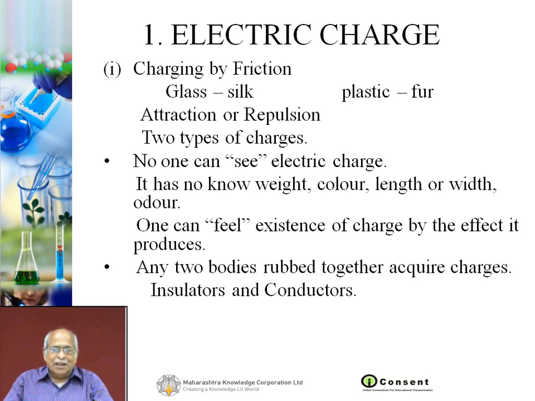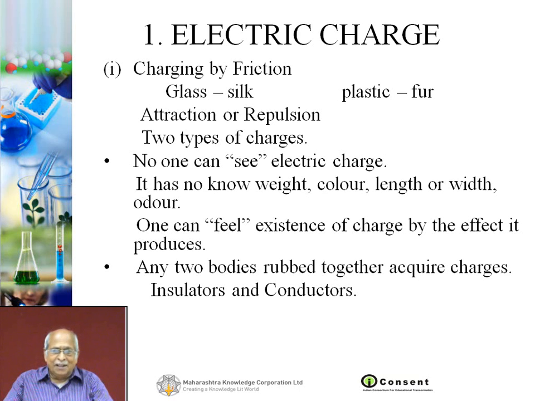Then, experiments were performed to study properties of these charges. The immediate property known was that charge on the glass rod or on the ebonite rod is able to attract light bodies. After a number of experiments, it was found that there is some sort of force. It is called interaction force.